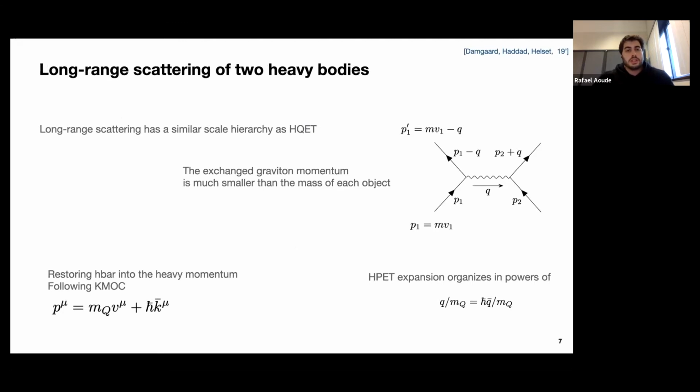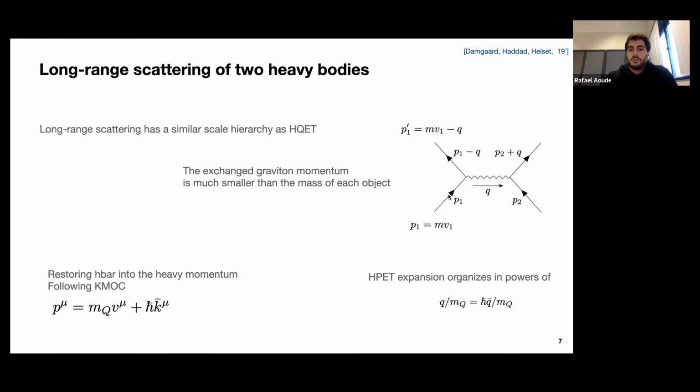So these ideas are useful for gravity because in the gravitational scattering, we are looking for a long range scattering of two heavy bodies, and you have a similar hierarchy as HQET in this problem because the exchanged graviton momentum is way smaller than the mass of the objects that you're trying to look at.